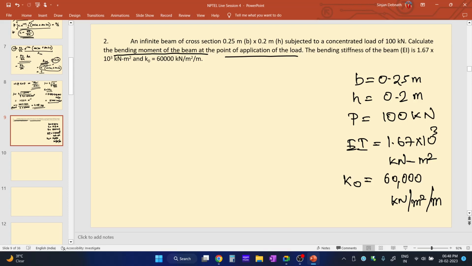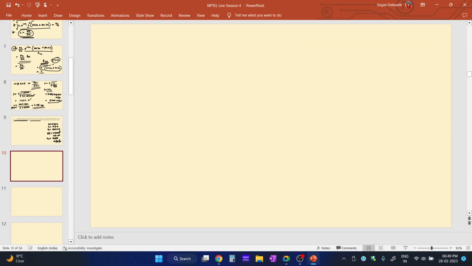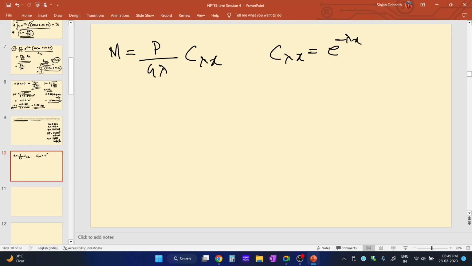So let me just use the bending moment equation to find out the bending moment. For the infinite beam, the equation for bending moment is, let me write it down: M is equal to P by 4 lambda into C lambda x, and C lambda x is equal to e to the power minus lambda x, cos of lambda x minus sine of lambda x.